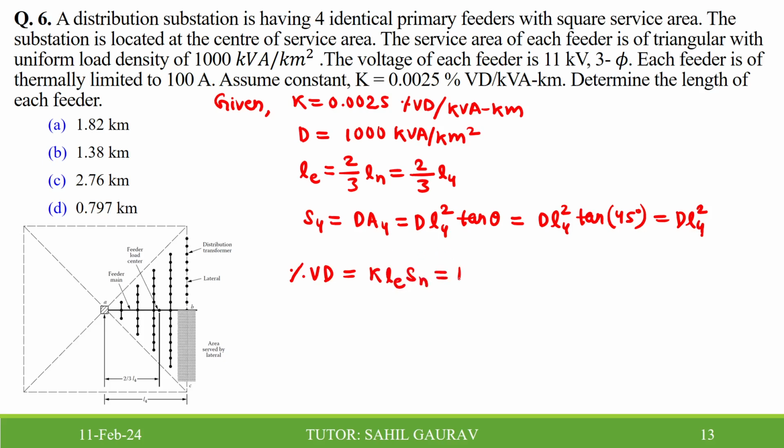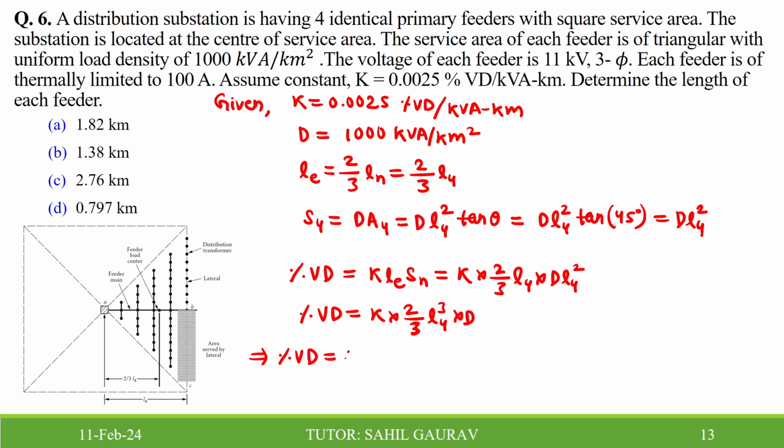SN. So LE is 2 by 3 of L4. SN is D into L4 square. So the percentage voltage drop will be K into 2 by 3 of L4 cubed into D. So just put all these values. K is 0.00.